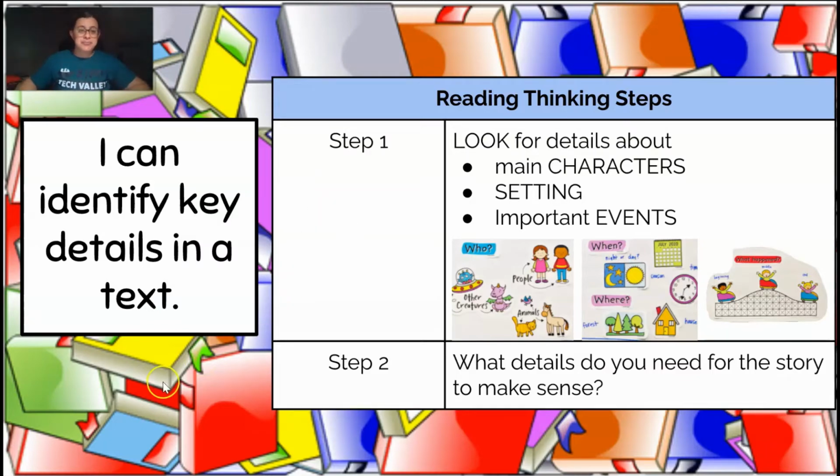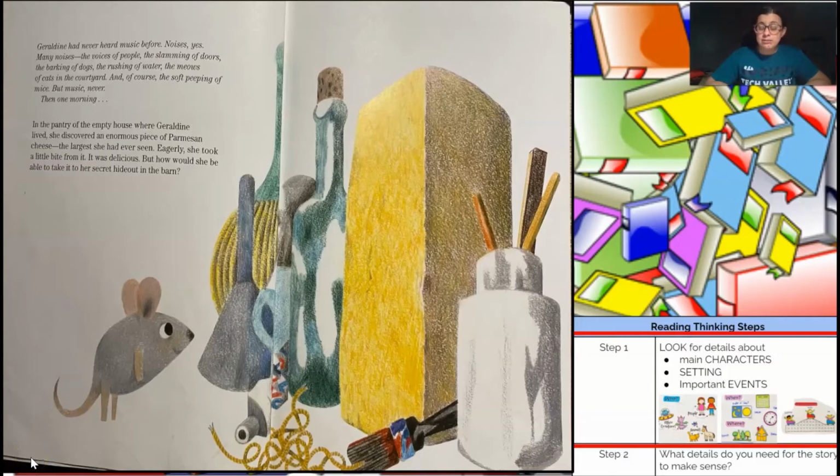So first, here's step 1. Let's look at the details about the main character, the setting, and important events. So characters may be people, animals, or other creatures. We're going to look at the words to see if it tells us about a time or a place or an action, which is a setting.